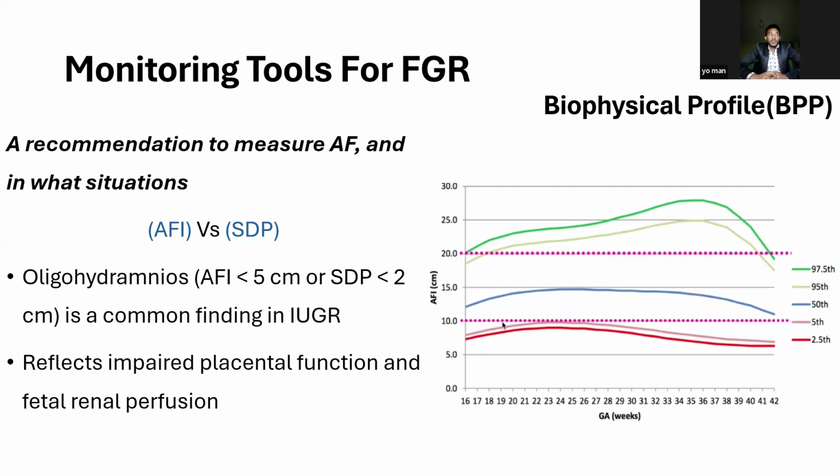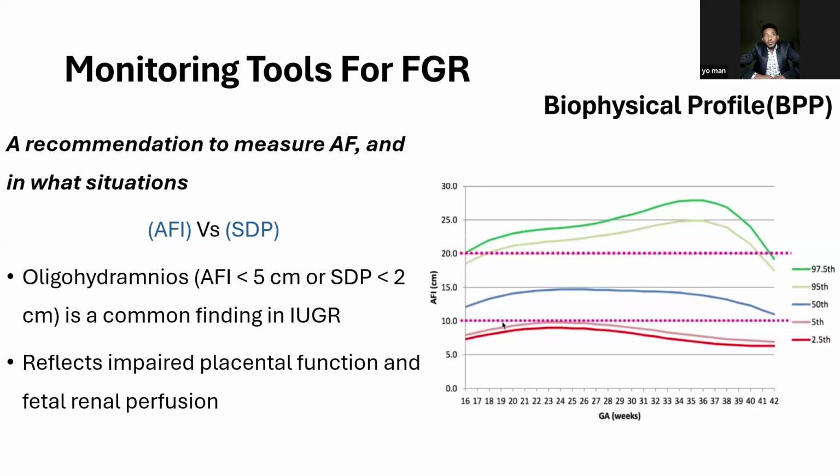So the two proposed assessments of the biophysical profile are amniotic fluid index and single deepest pocket. As you all know, I don't want to discuss the other parameters of the biophysical profile because it's beyond the scope of this lecture, so let's only focus on amniotic fluid. AFI is usually better for polyhydramnios.